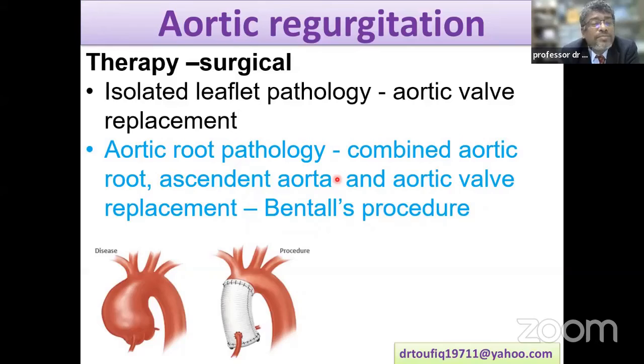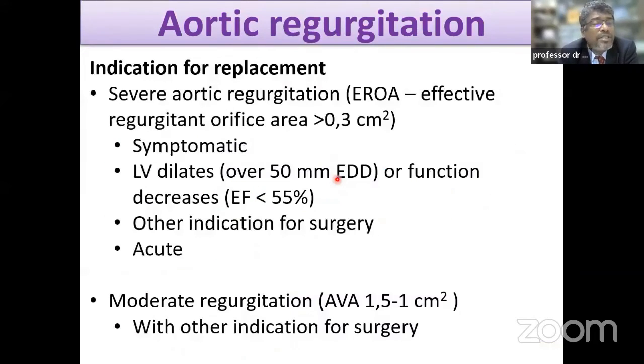That is called Bentall's procedure, which may be needed when there is aortic regurgitation as well as huge dilatation of the ascending aorta. In that case, the ascending aorta is replaced as well as the aortic valve. That is called Bentall's procedure.